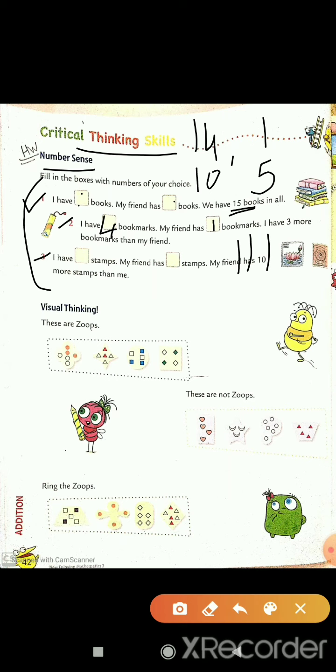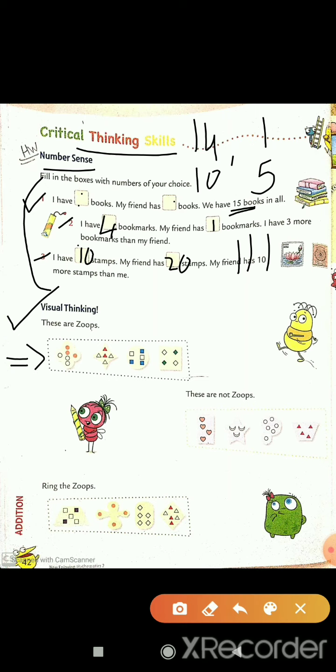My friend has dash stamps. My friend has 10 more stamps than me. Now your friend should have 10 more. So suppose you have 10 stamps, so your friend will have 20 stamps. You can take any numbers of your choice. Got it, students?